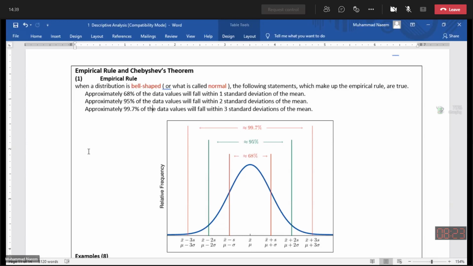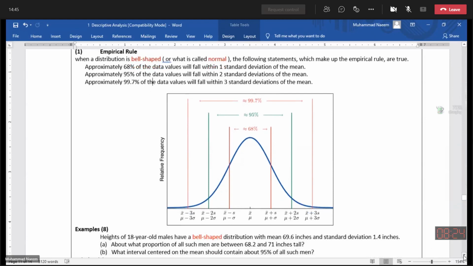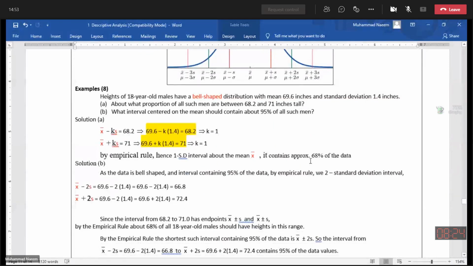So in our problems, either we have a percentage and need to calculate a certain interval, or sometimes an interval is given, and we will calculate the corresponding percentage of the data contained in that interval. For example, we have data which is bell-shaped, meaning normal, with mean 69.6 and standard deviation 1.4.